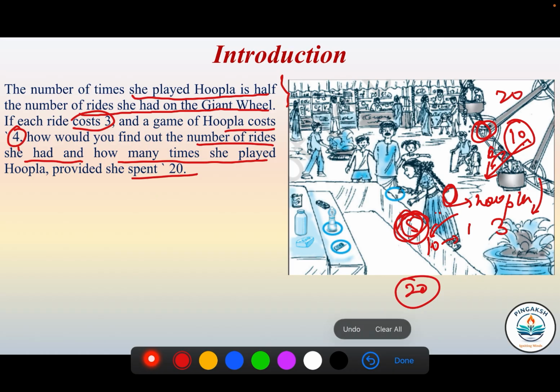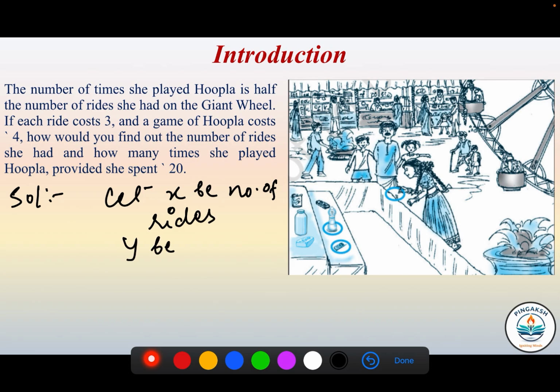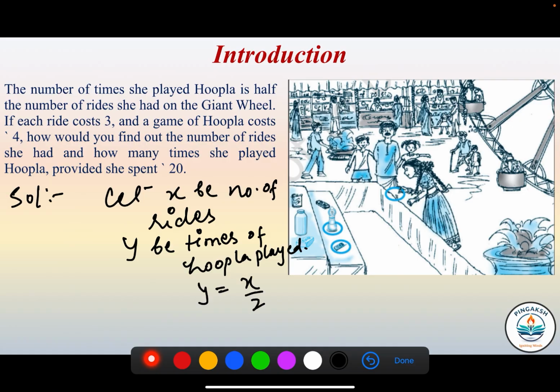So the solution: if we make a pair of linear equations from this, how will it be formed? Let x be the number of rides and y be the number of times hoopla is played. According to the problem, y is equal to x by 2, and the second equation is 3x plus 4y is equal to 20.